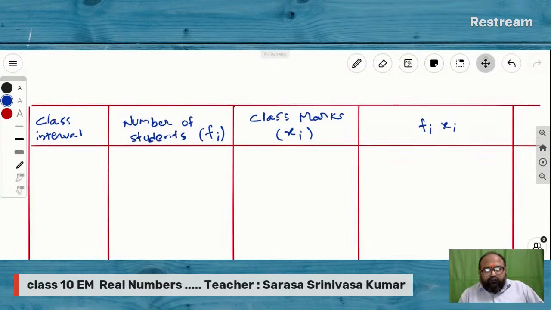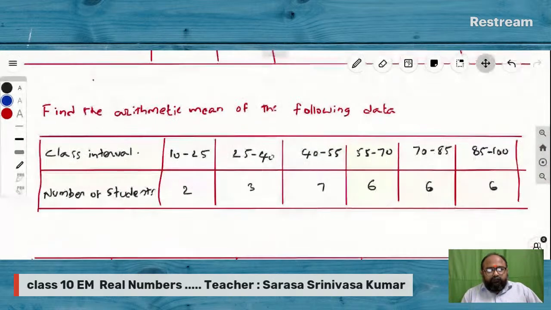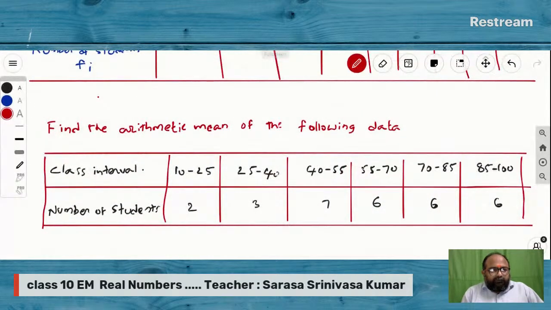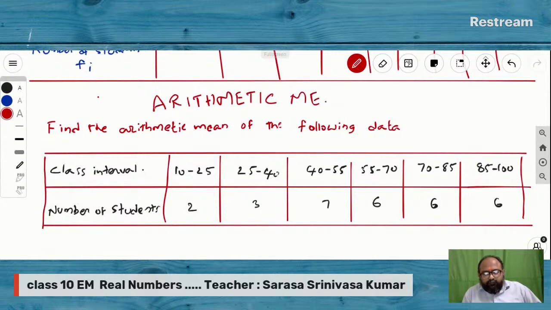So now let us note this is arithmetic mean by direct method. So this is the name of the method.